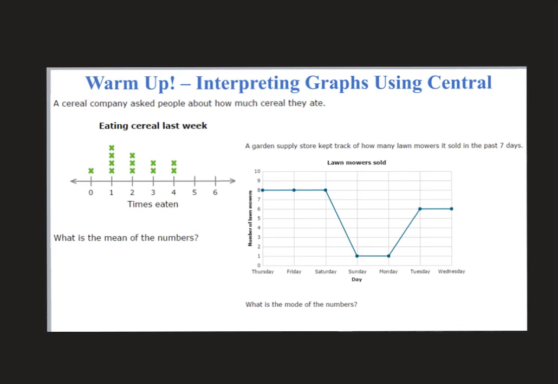Looking at this warm-up problem, I just want to look at both graphs and talk about what this vocab means and how we can look at graphs. The first thing I'm looking at is this graph to the left. It says, what is the mean of these numbers? Now, this is kind of like a frequency table, but like a frequency number line almost.